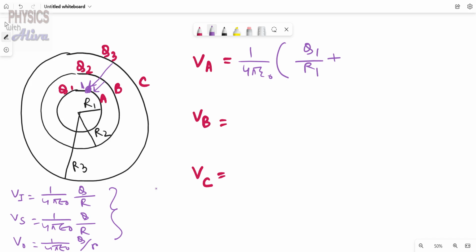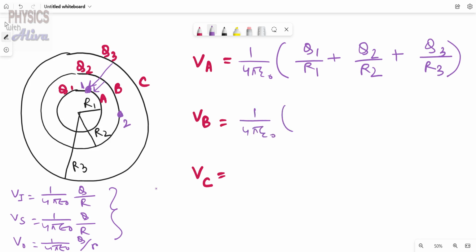For sphere B, it is an inside point, so Q2 divided by the radius of sphere B, R2. For sphere C, this is also an inside point, Q3 divided by the radius of sphere C. Now we will consider the potential at point 2. At first we will consider the influence of sphere A, then sphere B, then sphere C. For sphere A, this is the outside point.